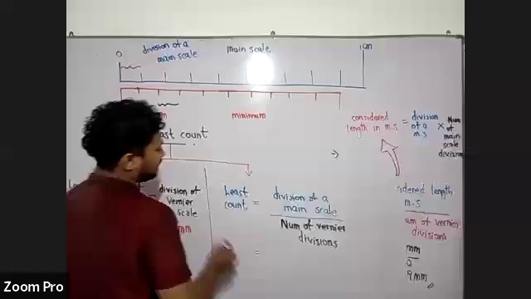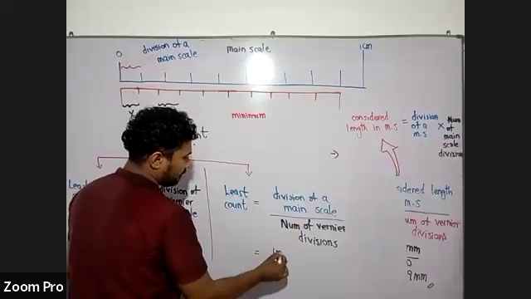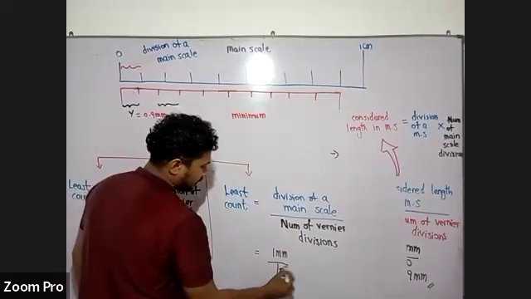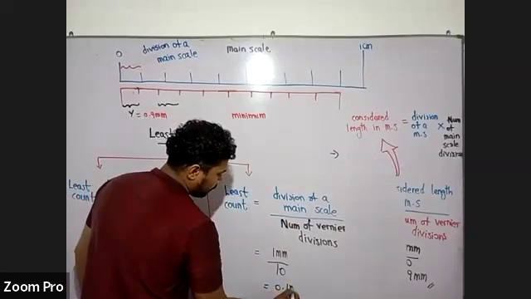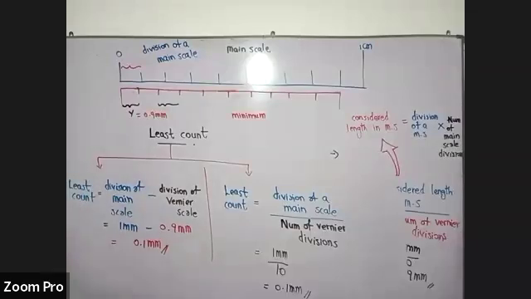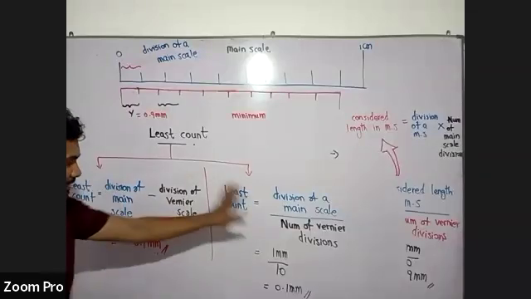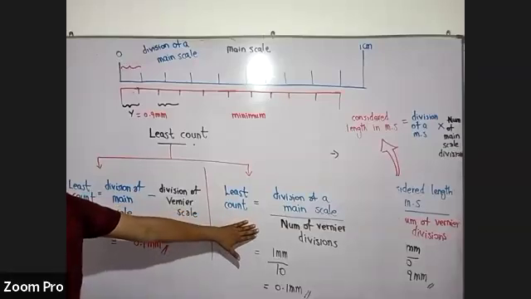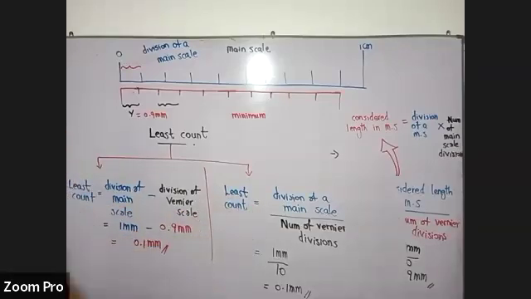According to this example, division of a main scale is 1 millimeter and the number of Vernier divisions is 10, isn't it? So the answer is equal to 0.1 millimeter, right? So guys, these are two different types of equation. Apparently this one is the easiest way, but you definitely have to know both systems, right? Okay, just copy these things.